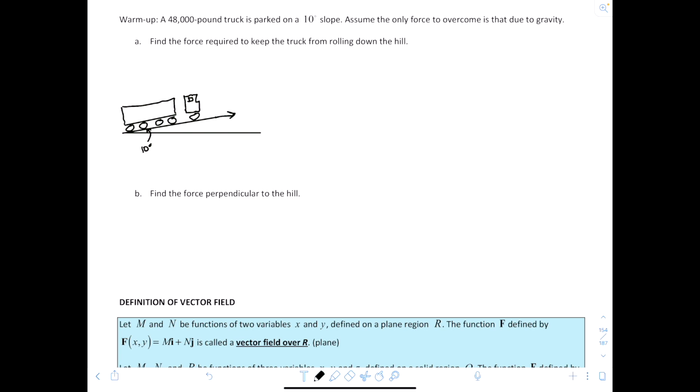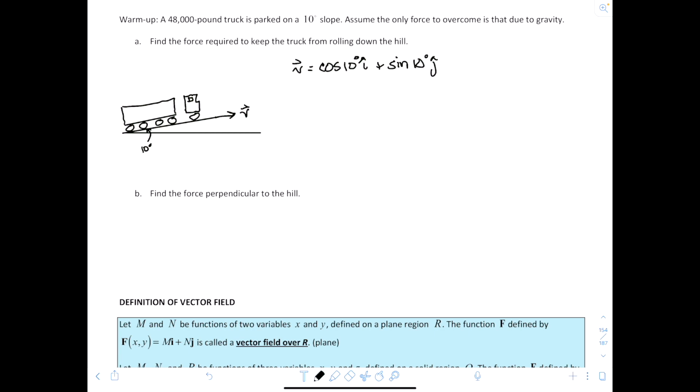And so here, if we call this vector V, vector V will be equal to cosine 10 degrees i plus sine 10 degrees j.